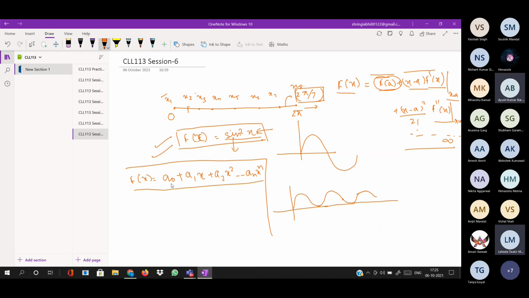Yes, sir. And these are just the coefficients. Whatever be the value of f(a), f dash a, f double dash a, and so on, will automatically be incorporated in these. You get that? These will be automatically satisfied once you fit these points.